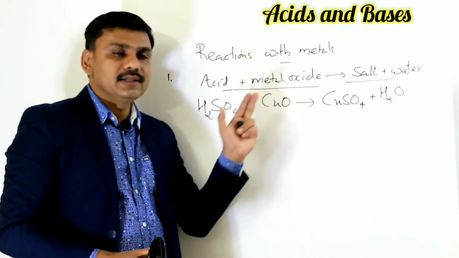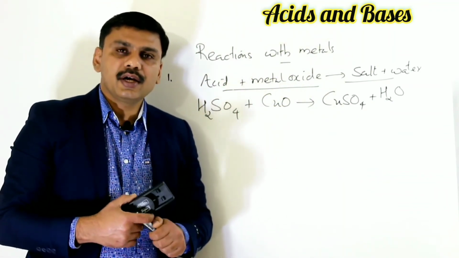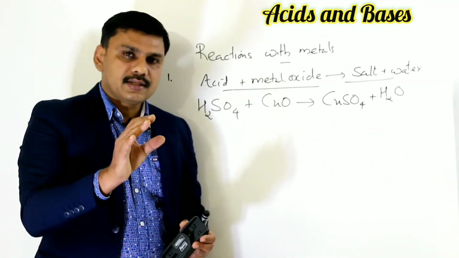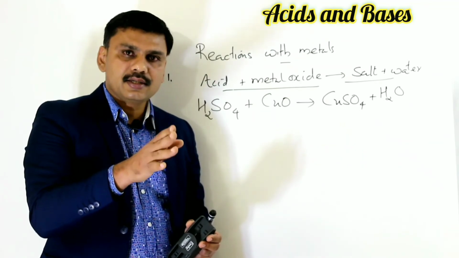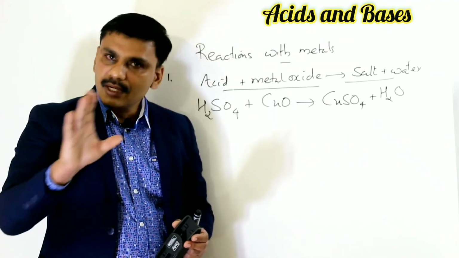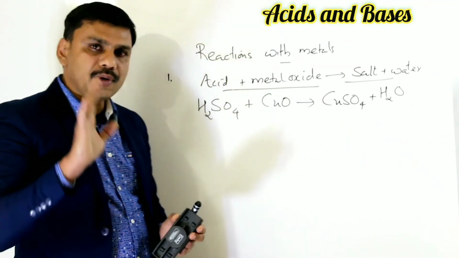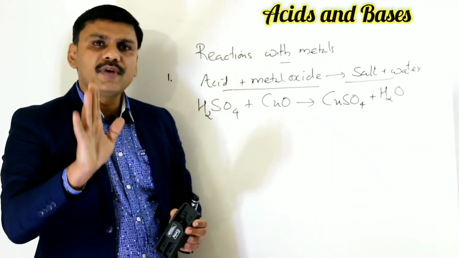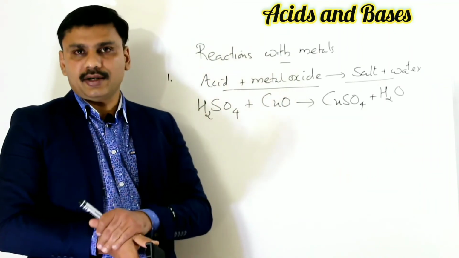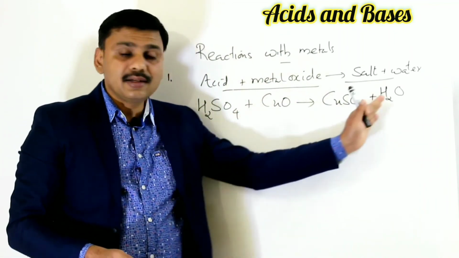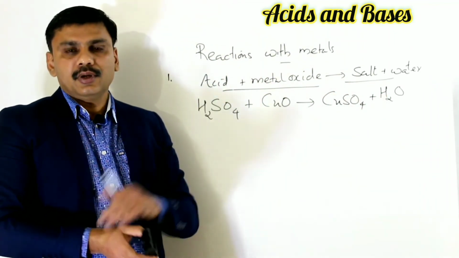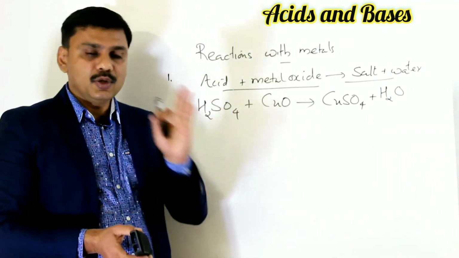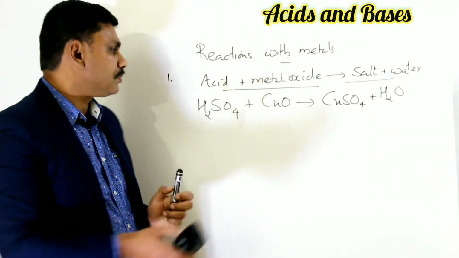When you have a question, check the reactant side: one reactant is an acid, another is a metal oxide. By seeing that, you can easily write the product side. You must learn the general equation.